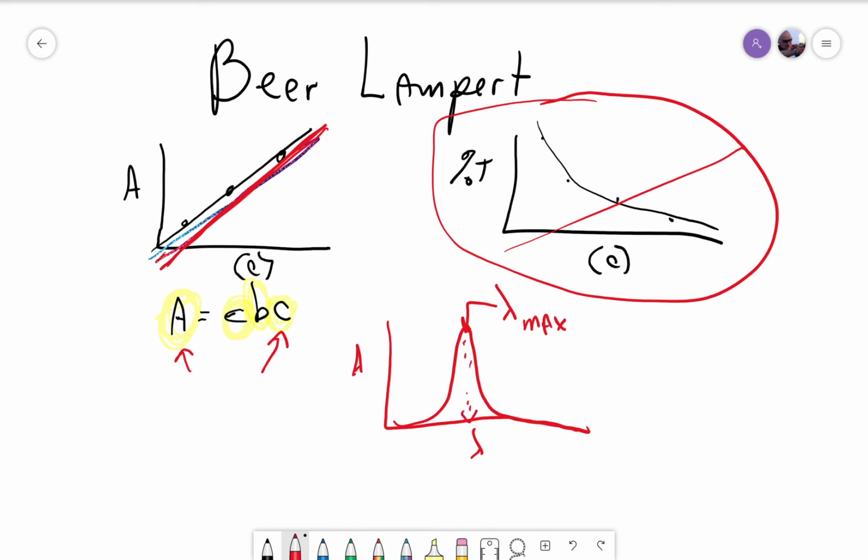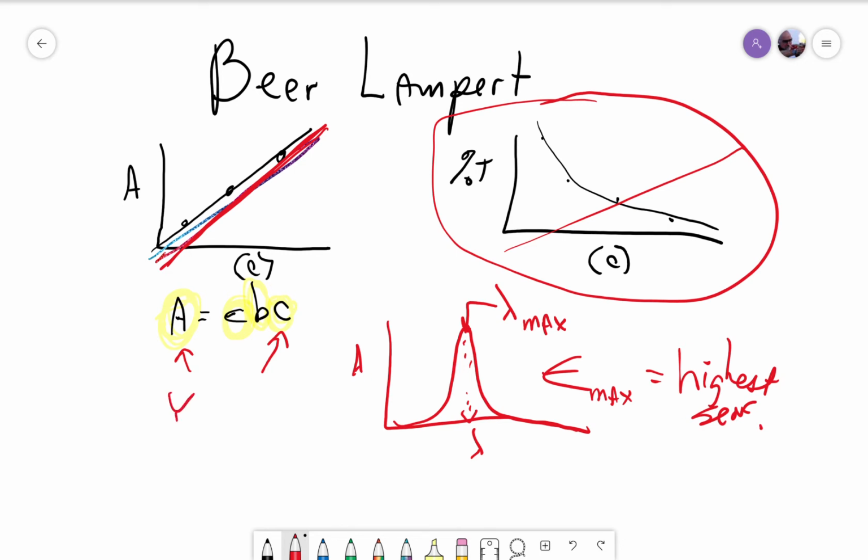This is the wavelength where the molar absorptivity is going to be the highest, and therefore the highest sensitivity.